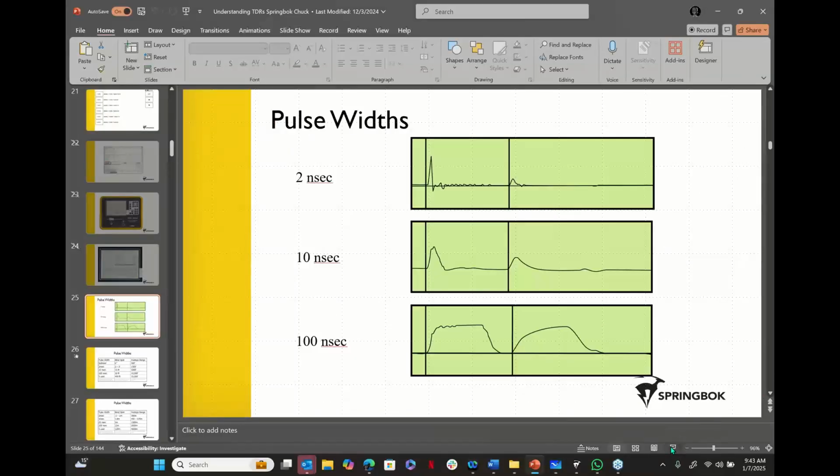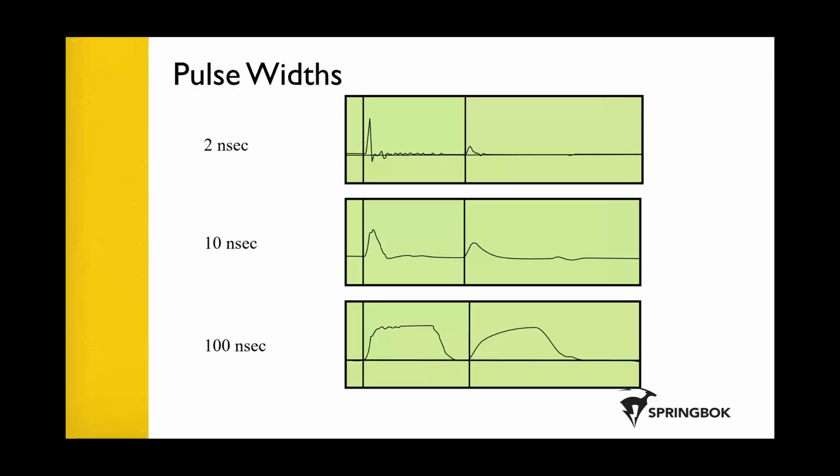Most TDRs, and I have to qualify this by saying most, have a variety of pulse widths that you can choose. Some of them only have one or possibly two, but just in general, this is the way it works. I like to use the analogy of the way the TDR is launching its signal: if you take this rope and flip it on the ground, you know how that wave travels down.